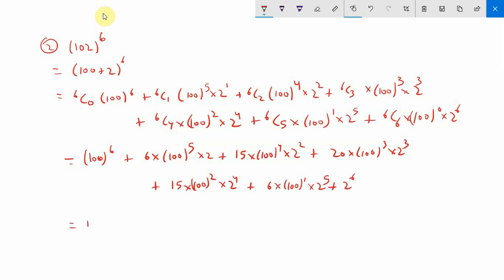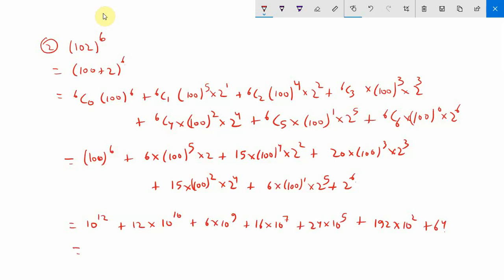So this will be equal to 10 to the power 12 plus 12 into 10 to the power 10 plus 6 into 10 to the power 9 plus 16 into 10 to the power 7 plus 24 into 10 to the power 5 plus 192 into 10 to the power 2 plus 64.